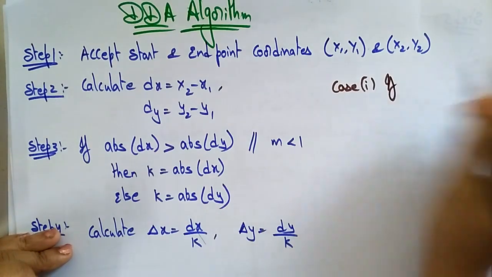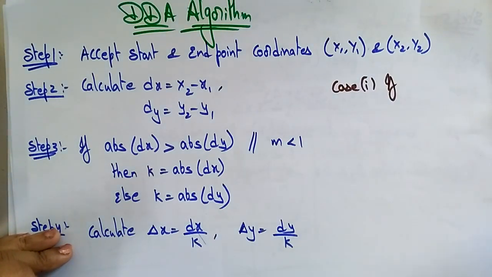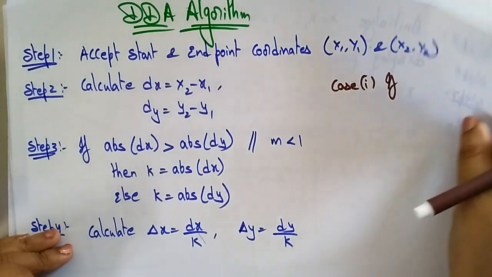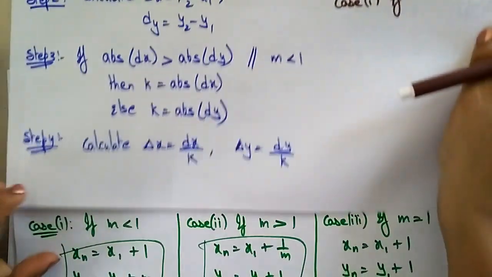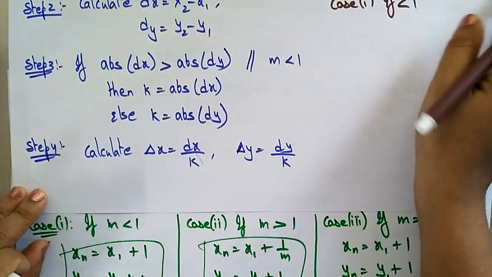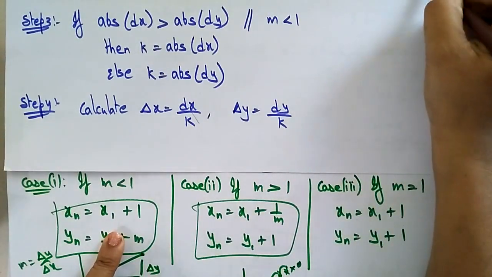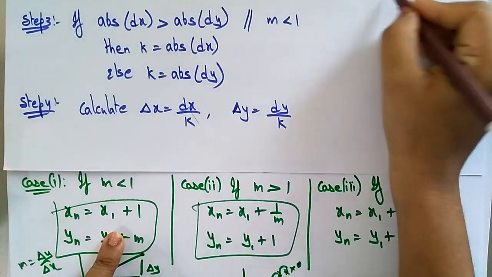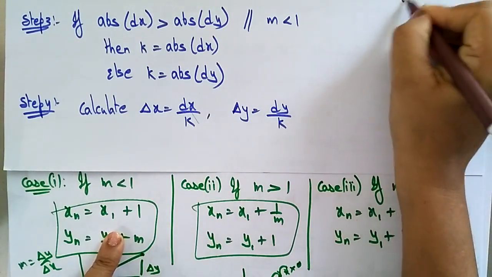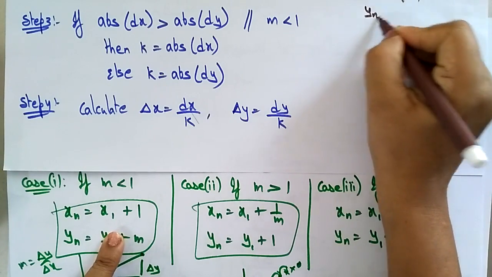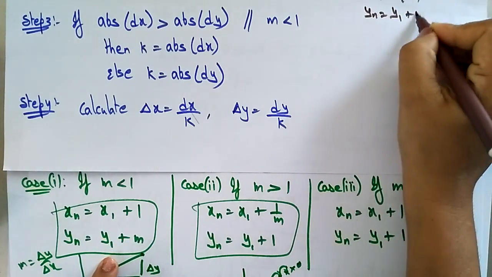Okay, so let me recall the cases. Case 1: if m is less than 1, xn is equal to x1 plus 1, that is, y is incremented: y new is equal to y previous plus m.